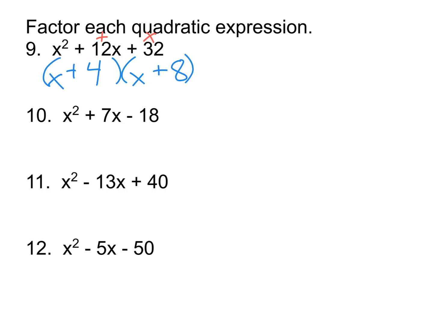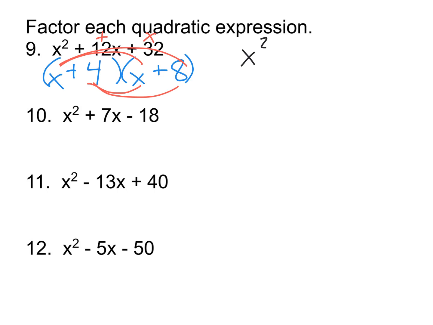I feel like I should prove it to you, though. So, this is the answer, but I now want to show you why that's the answer. If we wanted to multiply out our answer, we'd have to multiply everything in the first parentheses by everything in the second parentheses. And so, that would give us x times x is x squared.